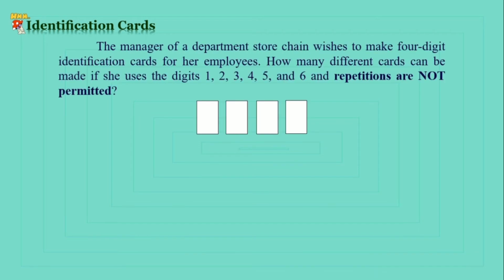In the same situation, but here repetitions are not permitted, we also have 4 spaces to fill up on each card, and there are 6 choices for each space. We know that in the first space, we can use 6 digits: 1, 2, 3, 4, 5, and 6.